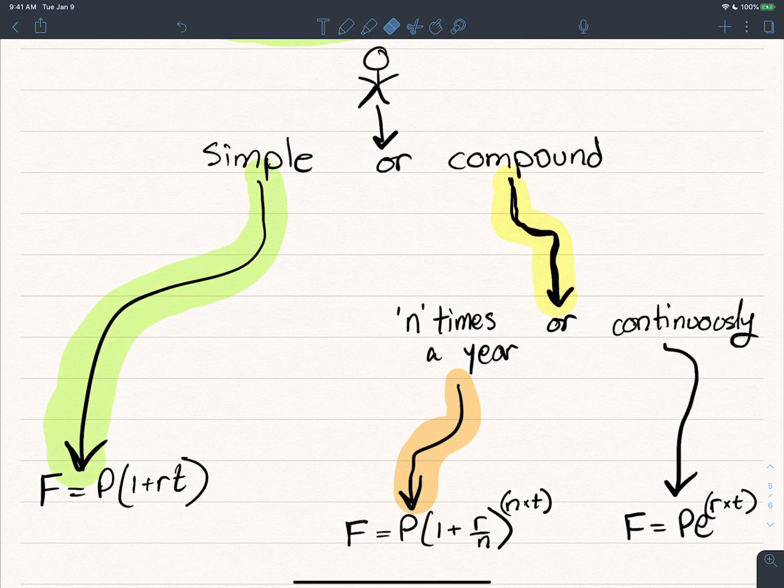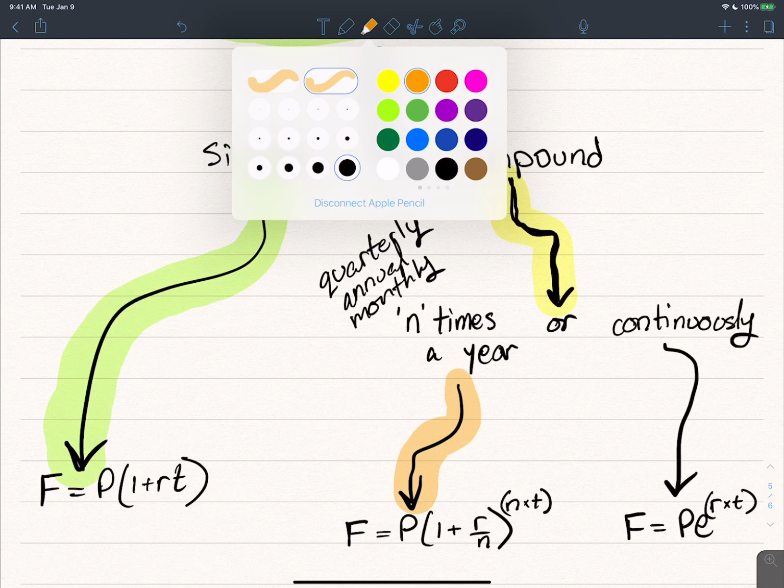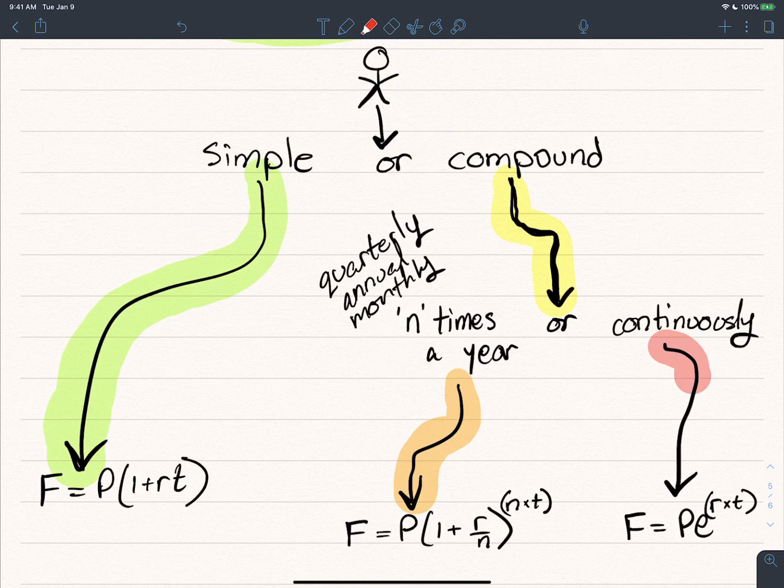Which would be, again, is it annual, monthly, quarterly? It could be daily, bi-weekly, semi-annually. You have to look at the word and see what the number is. And then if it's not N times a year, then it's continuous. And if it's continuous, you're going to go down to this one right here.